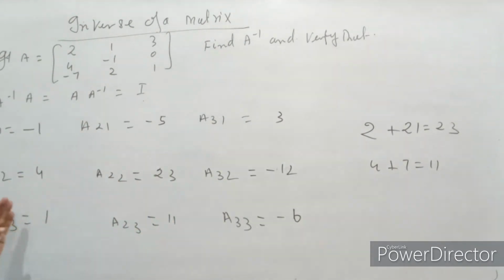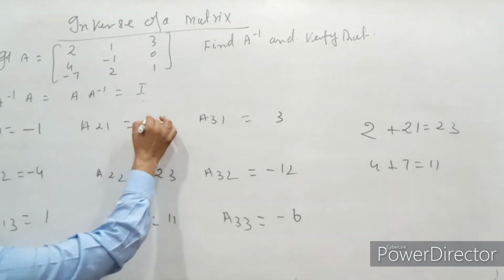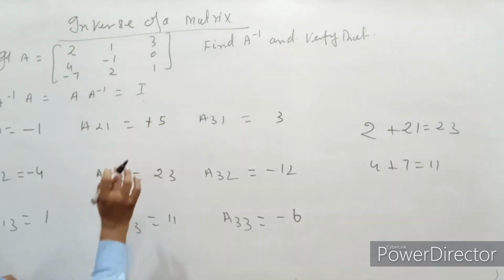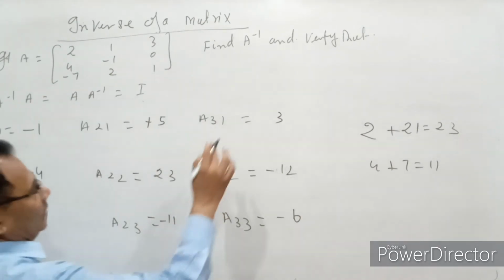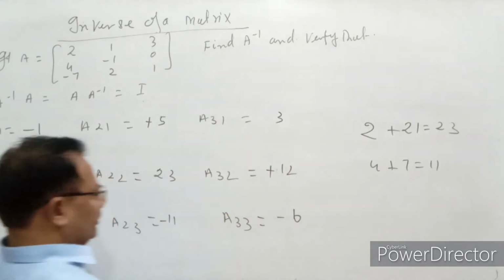We convert these into the cofactors, that is minus, plus, minus, plus, 2 1 3, plus no change, minus, no change, that is change.